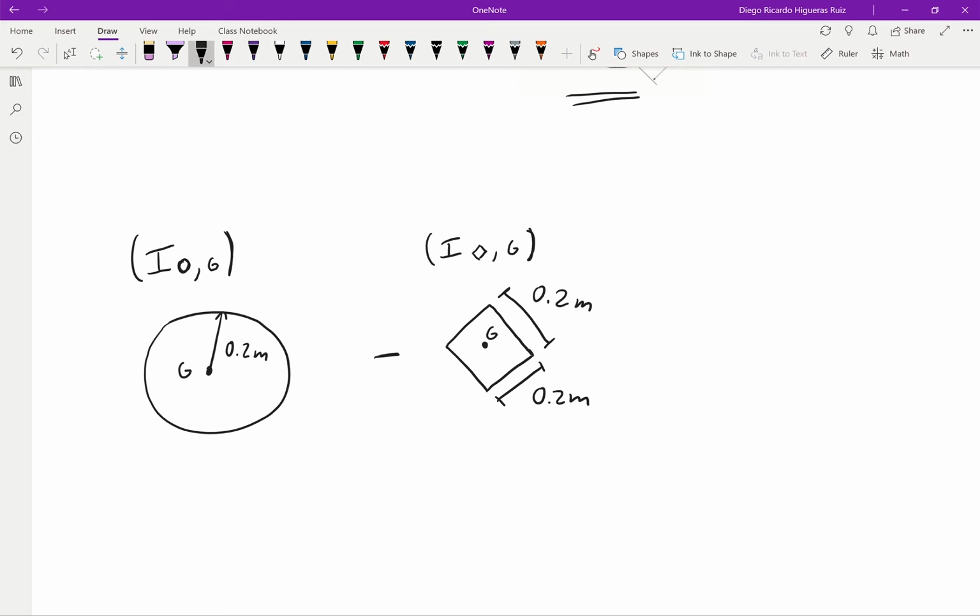But one more thing that's gonna be necessary for the problem, I'm going to calculate the mass of the two elements.